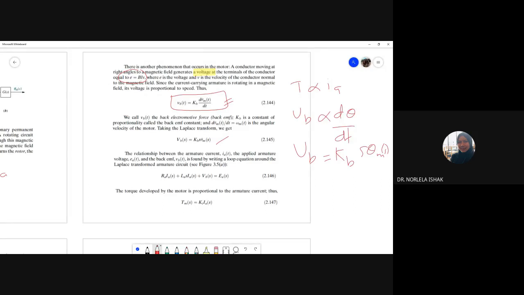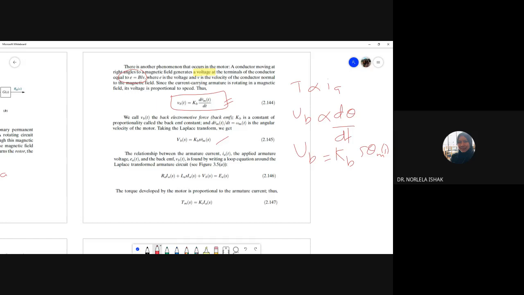Now the relationship between the armature current IA, the applied armature voltage and the back EMF. What equation can you write in the loop circuit around the armature circuit?